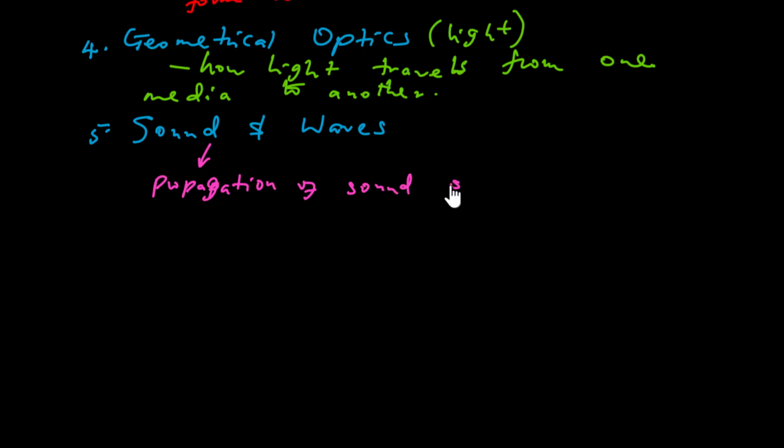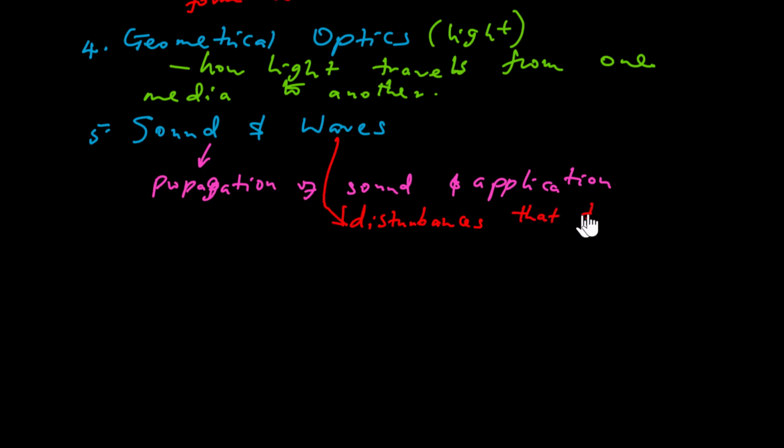It looks at how sound is produced, how it is propagated, and how it is applied in real-life situations. On the other hand, waves is the study of disturbances which travel through mediums or a vacuum.